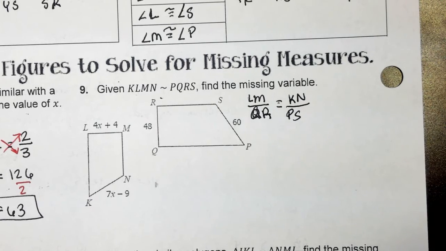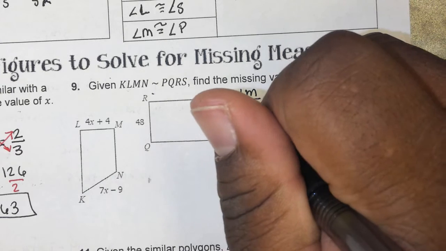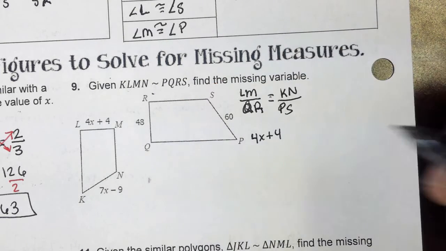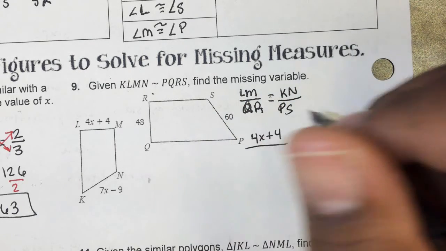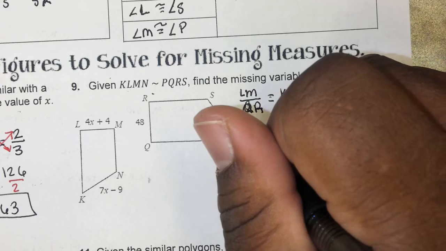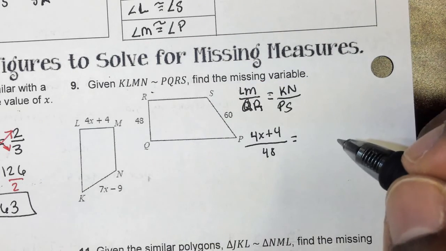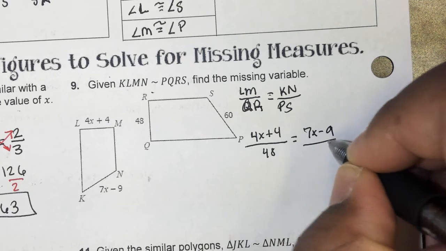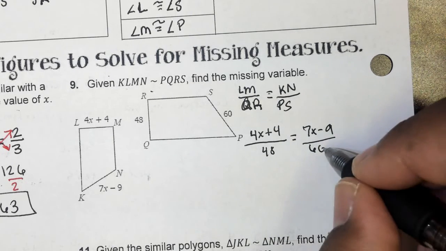I'm just writing that so I know how to write my proportion. So whatever I have on LM, I'm putting here. So 4x plus 4 over QR, which is 48, equals 7x minus 9 over 60, which was PS.